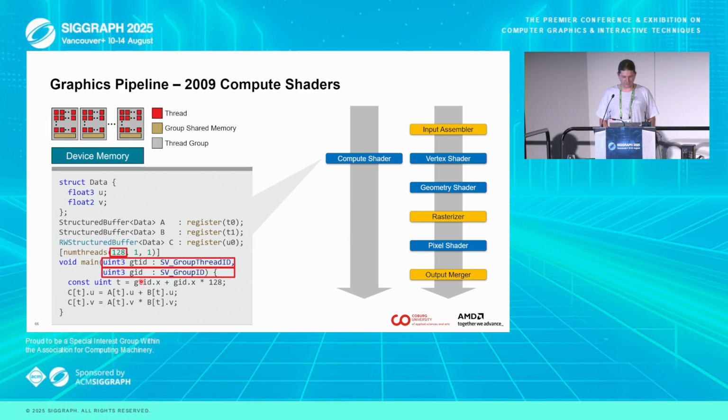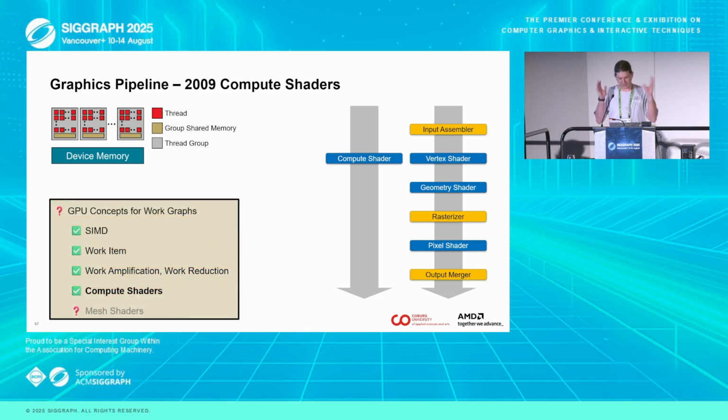You must specify as a programmer how many threads you would like to have per group, and then you can compute what work item you want to work on, read it from the buffer, and have access to the device memory over structured buffers, for example. So this is how a compute shader works, and as said, it's going to be a very important part for work graphs too.